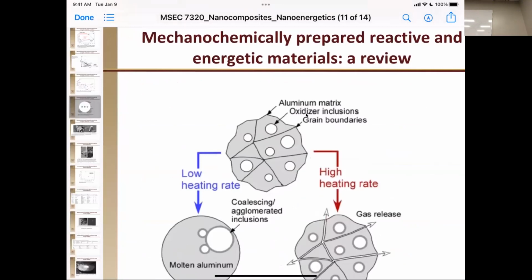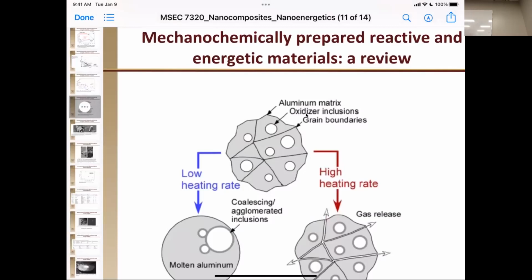Remember, everything when it melts wants to go to a sphere, so it minimizes its surface area. And so you're going to have these inclusions of maybe not melted material in your aluminum. So at a low heating rate, you can actually get poor burning. But at a high heating rate, you're going to get oxidation because now your metal is reacting right at the surface. You get more surface area of your oxidizer, and you actually have the places to vent any gases you're giving off where the grain boundaries are.